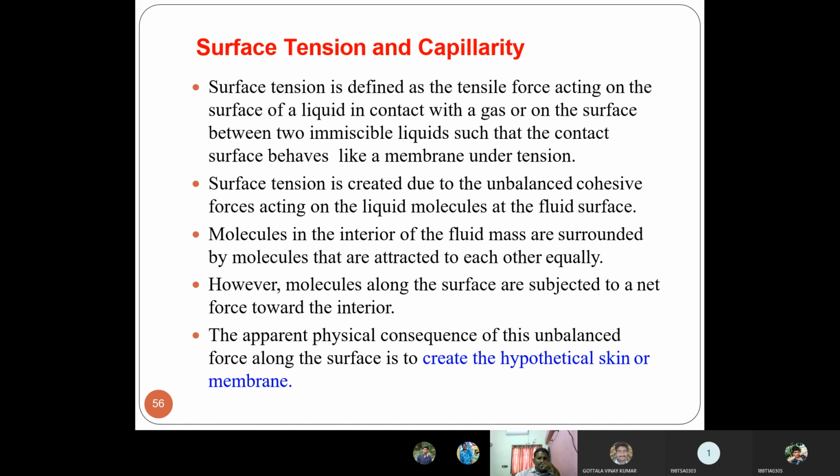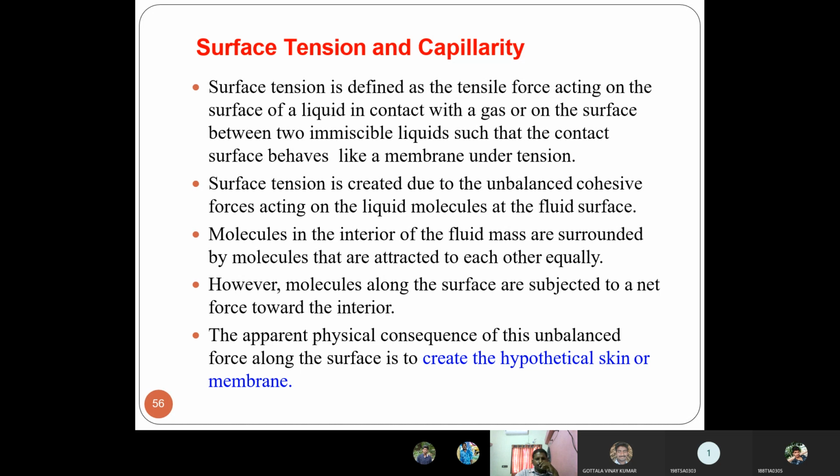Molecules in the interior of the fluid mass are surrounded by molecules that are attracted to each other equally. However, the molecules along the surface are subjected to a net force towards the interior. The apparent physical consequence of this unbalanced force is to create a hypothetical skin or membrane. This membrane will be under tension.